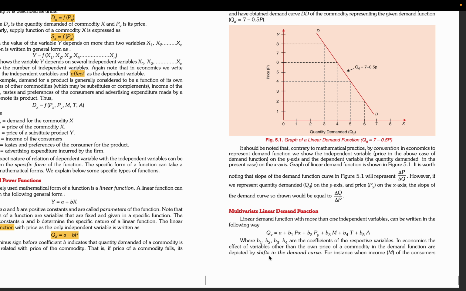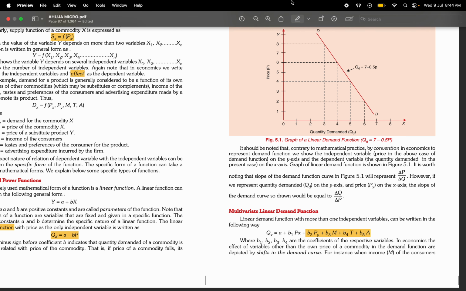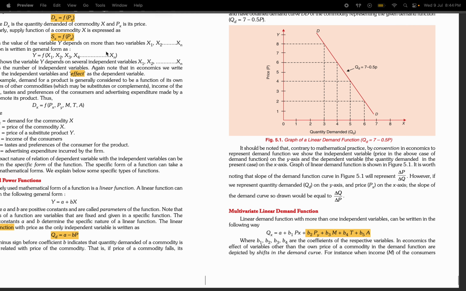In economics, the effect of variables other than the own price of commodity in the demand function are depicted by shifts in the demand curve. So if any of the other variables are changing, then the demand curve actually needs to shift.